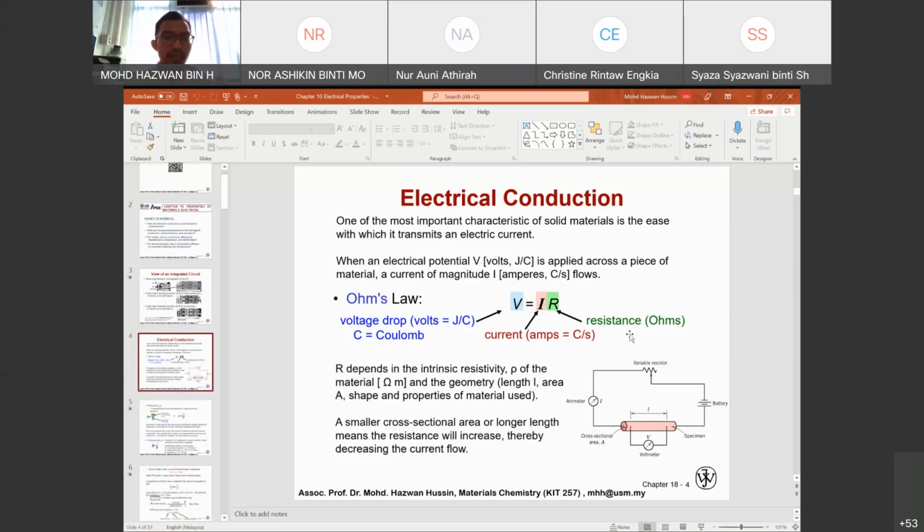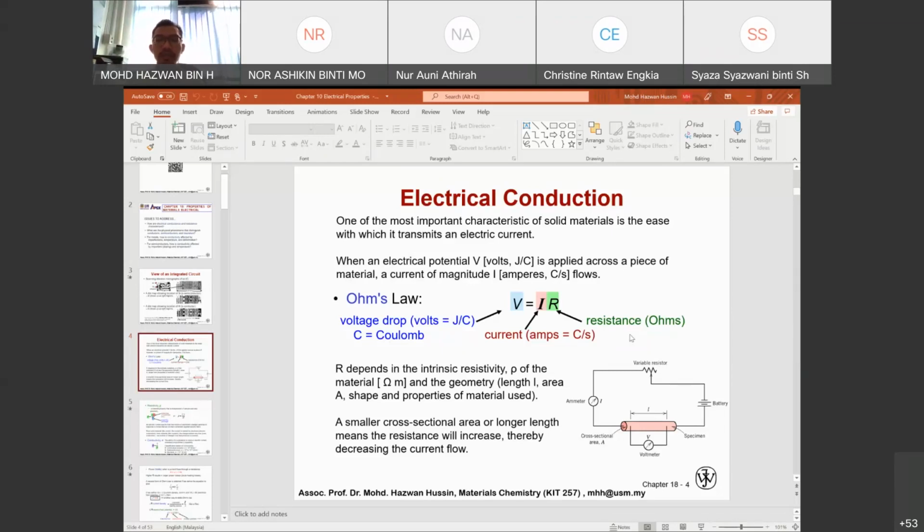So conduction occurs when you have current, and current results from the flowing of electrons. When you have a flow of electrons, it will produce current, and when you have current that is moving, or mobilized electrons, then at the end of the day, you're going to have conduction.